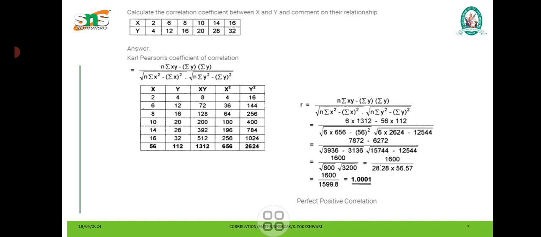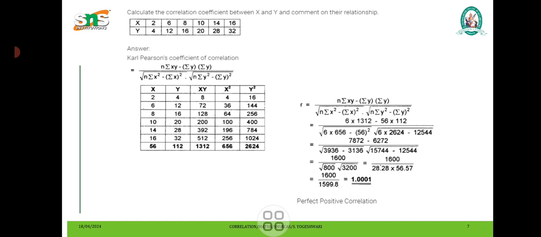Now write down the formula with the values. n is equal to 6, since there are 6 entries, and summation xy is 1312, minus summation x times summation y. Summation x is 56 and summation y is 112.